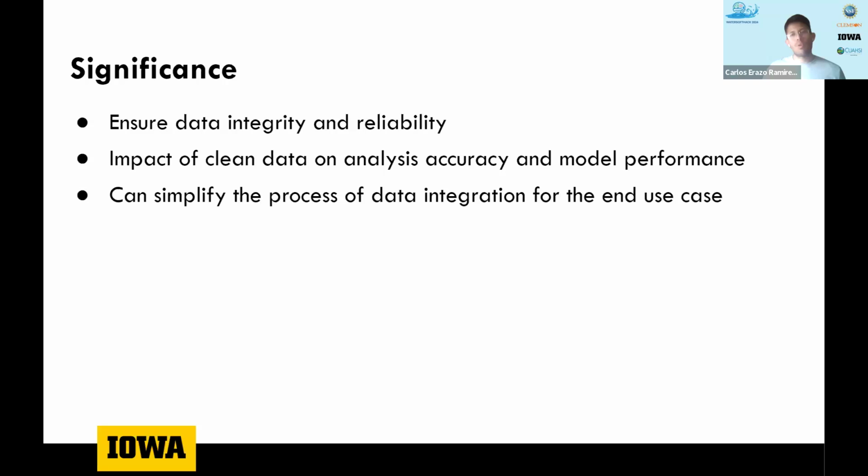Once you want to move forward into the next steps, if you haven't done all the pre-processing part in a correct way, if you want to skip and you didn't realize there were some outliers that you didn't remove, then probably your model is going to tell you something completely different to what reality is. And through this whole processing part, we can simplify the whole integration of data towards the end use case.